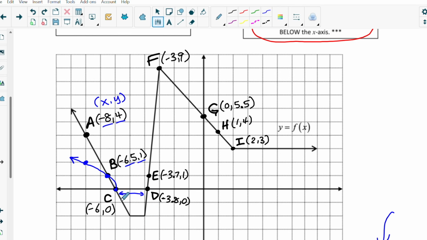Okay, between C and D, since all of this is negative, there's a discontinuity. So I'm not going to graph any part for square root of f of x.